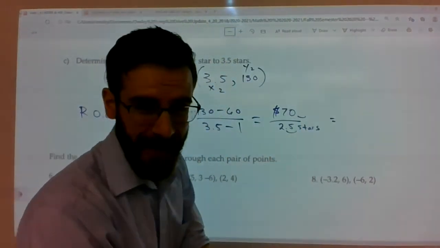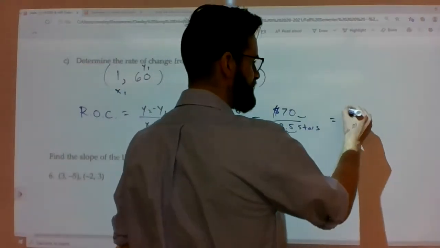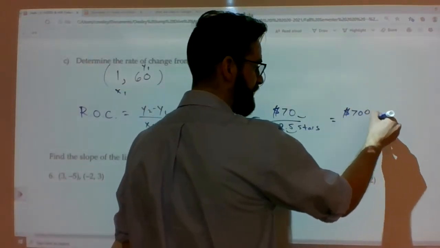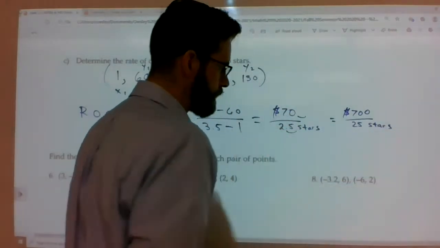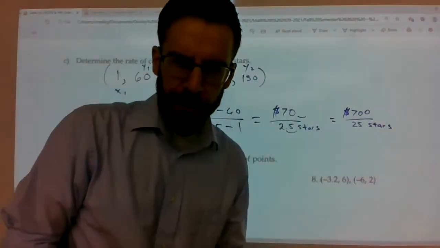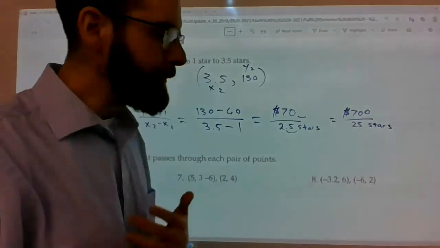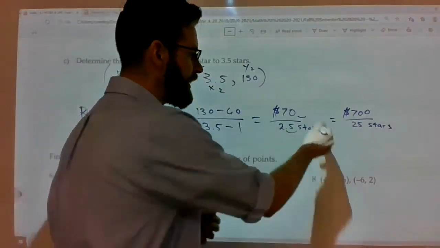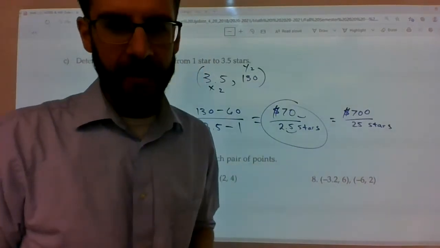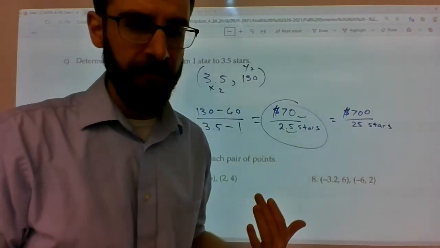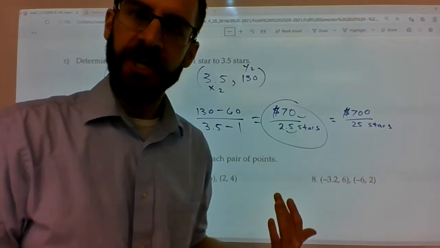You're multiplying by 10 over 10. So this is like $700 divided by 25 stars. And then what you do is you try to reduce the fraction from there. I mean, today I'm probably okay with this answer. I'm okay with this answer, but I'm just saying that we should be thinking in terms of the same skills that we have from previous chapters. You know what I'm saying?